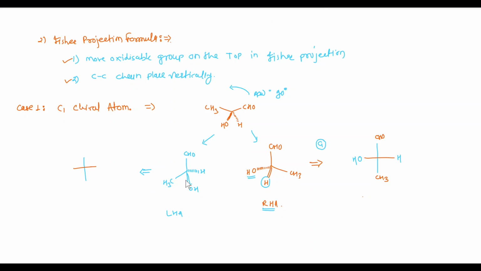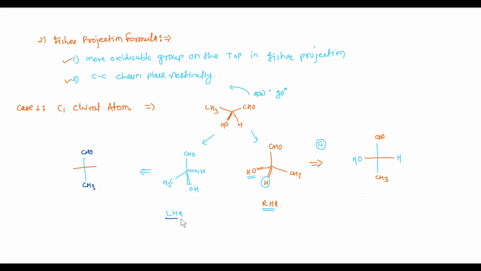Let us write these groups one by one. The top side group, that is the aldehyde group or oxidizable group, is written at the top of the vertical line, that is CHO here. The remaining second group which is in the plane we write at the bottom side, that is CH3 here.